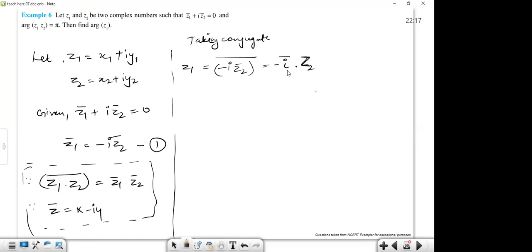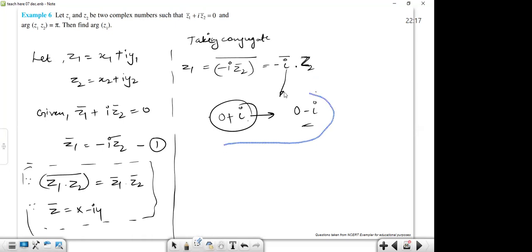Yes, sir. If we see iota as a complex number, 0 plus iota, and we have to take its conjugate, simply its imaginary part becomes negative. So it will be written as 0 minus iota. Yes, right? Any doubts? No, sir.